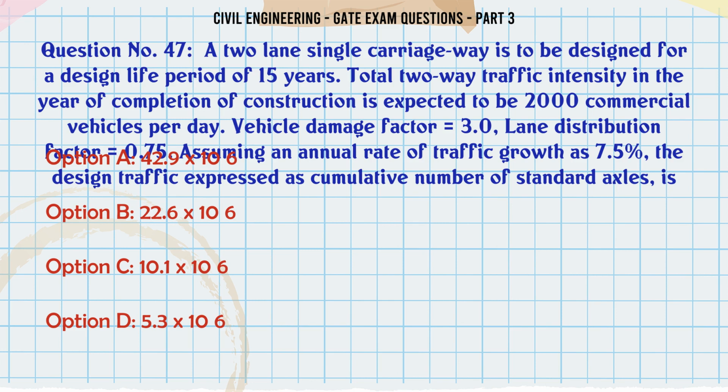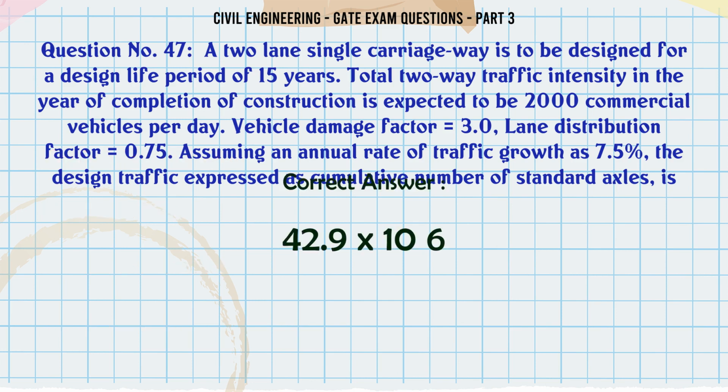Assuming an annual rate of traffic growth as 7.5%, the design traffic expressed as cumulative number of standard axles is: A. 42.9×10⁶, B. 22.6×10⁶, C. 10.1×10⁶, D. 5.3×10⁶. The correct answer is 42.9×10⁶.